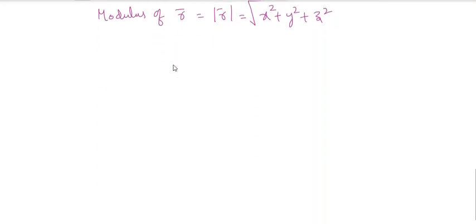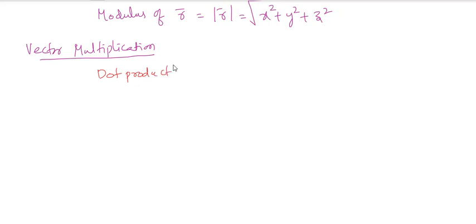Next one, vector multiplication. You know that vector multiplication happens with respect to two things. One is dot product, and the other one is cross product. Am I correct or not?